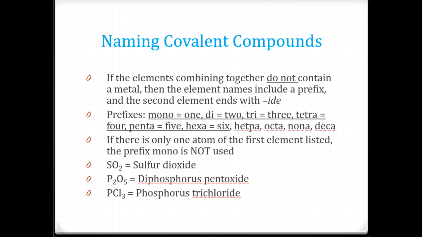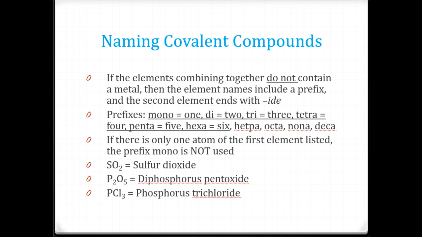Now right now in your mind you need to get things straight. You cannot use prefixes when you're talking about ions. So if you have a metal and a non-metal bonding together, do not use a prefix. So you need to take your time and look at the periodic table, look at the elements that you're bonding, and ask, do I have a metal and a non-metal?